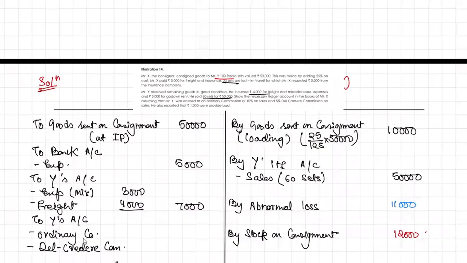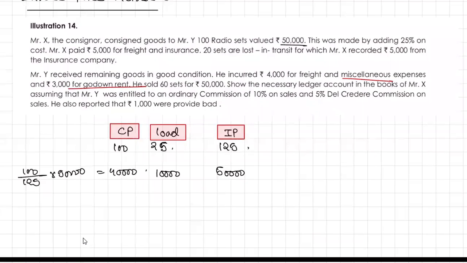Now see, 5% ordinary commission. Okay, that is done. But this 5% they'll create a commission on what amount?